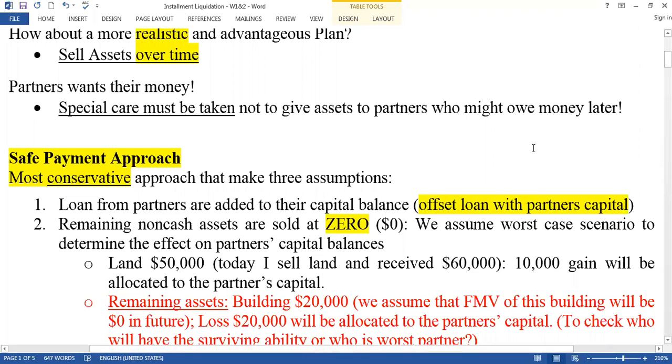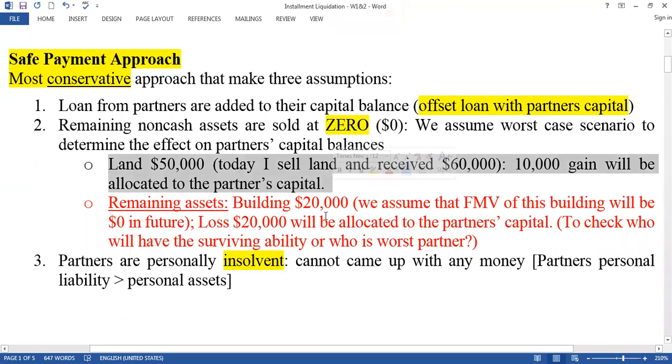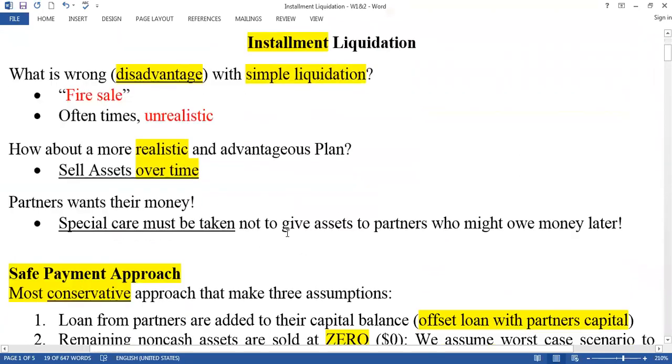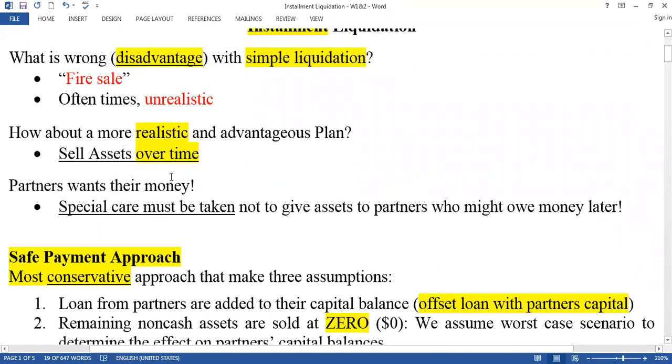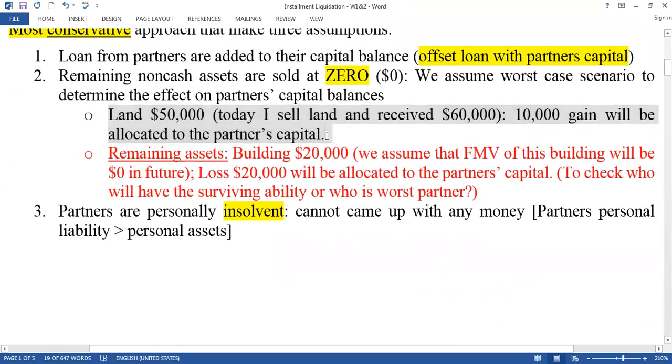This is one assumption. Another assumption: we already sold some of our assets, right? We are not going to sell all assets today. We are going to sell assets over time. After selling some of our assets, we allocate the gain or loss. Now the remaining assets should be assumed to be unsellable, with a zero balance, and we will have the loss totally.